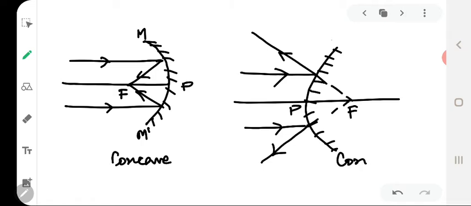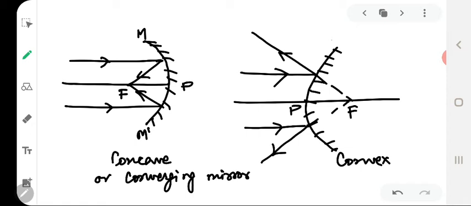Actually, the name for concave mirror is also a converging mirror, because as you can see, the rays traveling parallel to the principal axis after getting reflected from the concave mirror converge, that is, they actually meet at one point. So that is why a concave mirror is also known as a converging mirror.